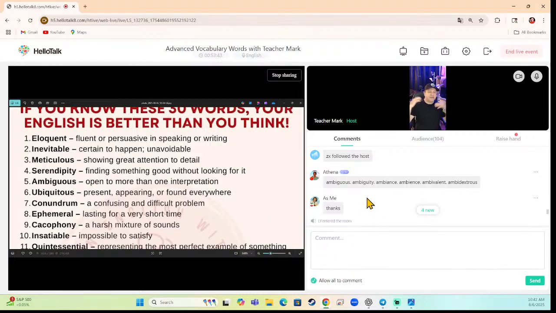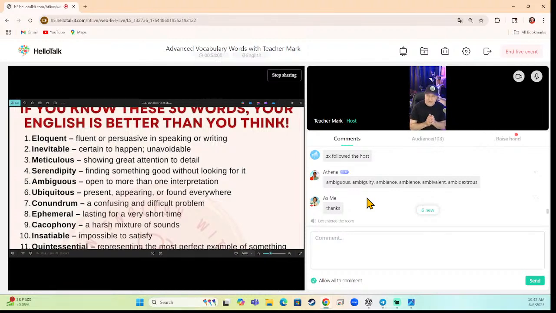Ambience means like the surrounding feeling, right? And in this case, ambi doesn't mean both sides, it means surrounding. Okay? Sometimes ambi means both sides, and sometimes it means around. And yeah, ambivalent we talked about, right?